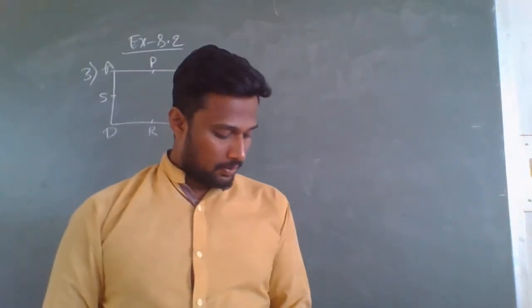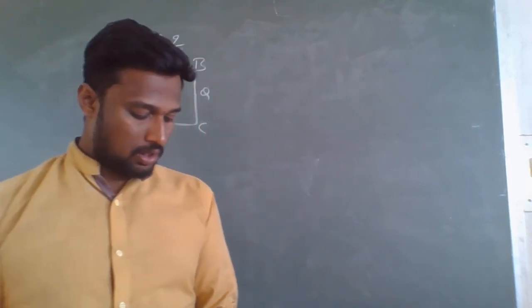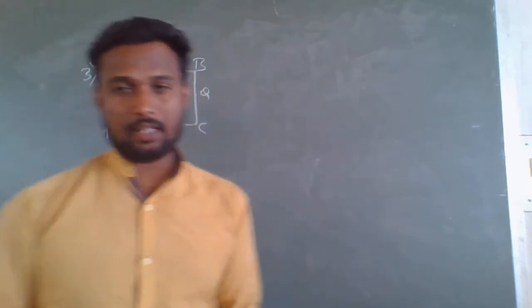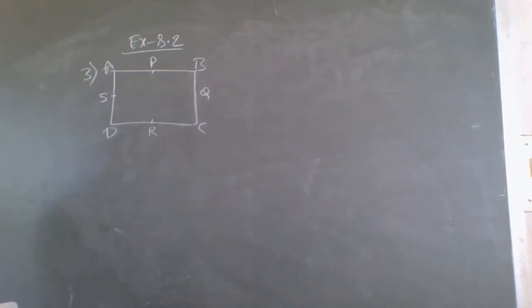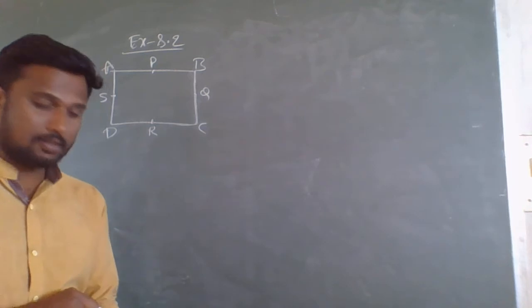Show that quadrilateral PQRS is a rectangle. Sorry, we have to prove in the third question: show that quadrilateral PQRS is a rhombus.